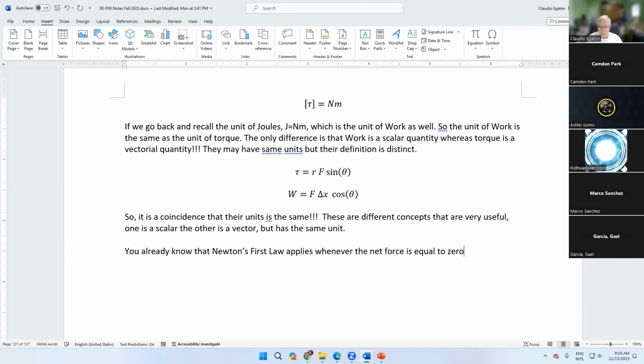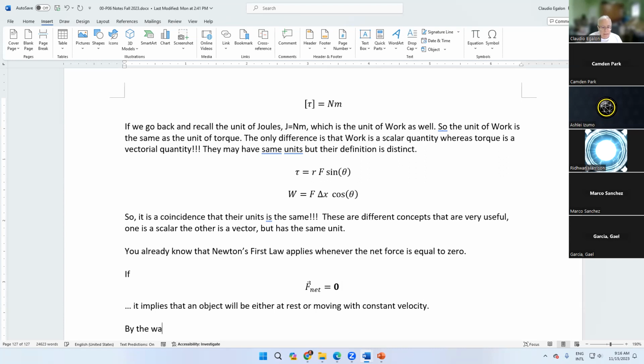So if net force is equal to zero, what does it imply? It implies that an object will be either at rest or moving with constant velocity.